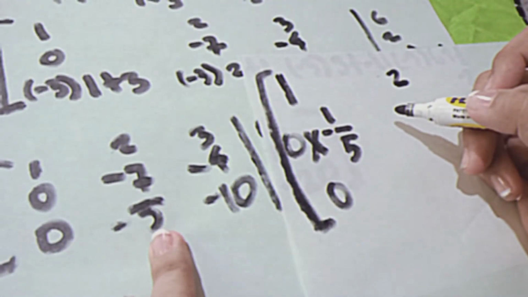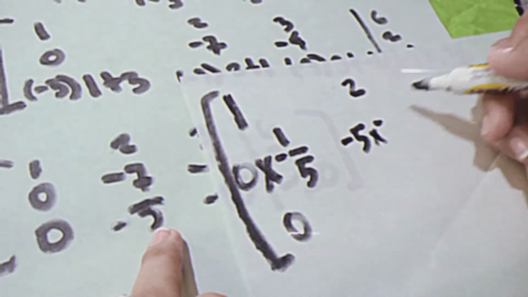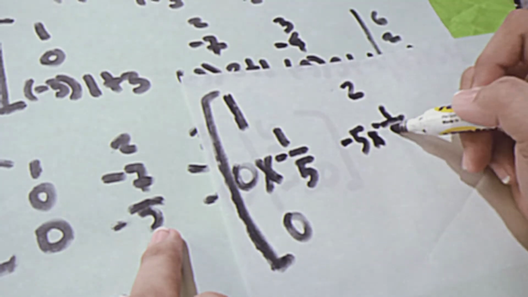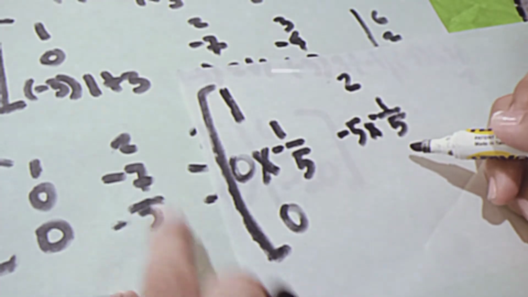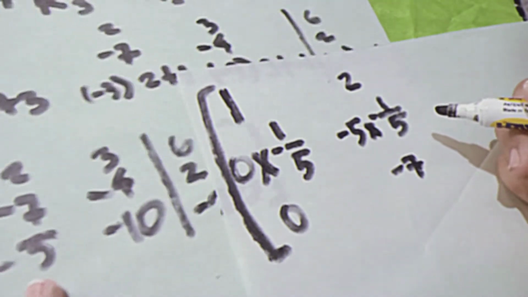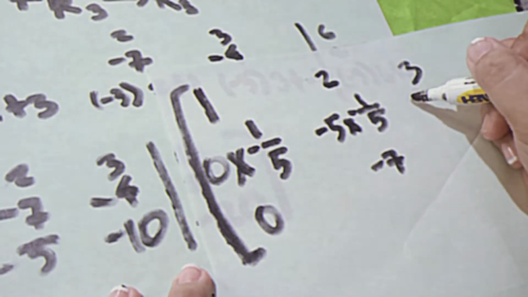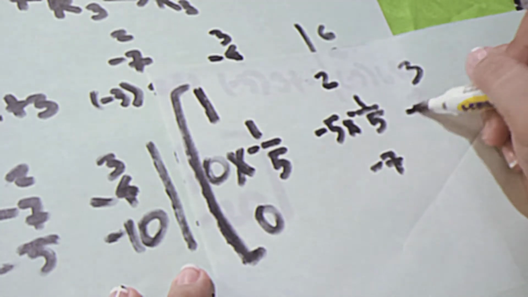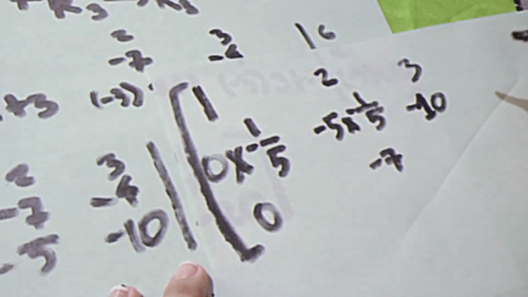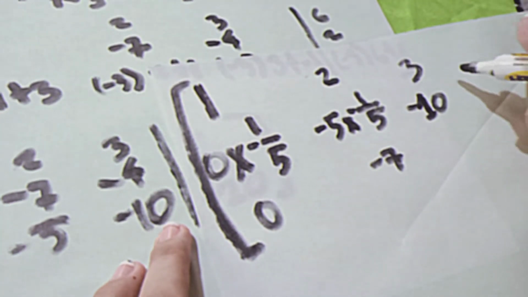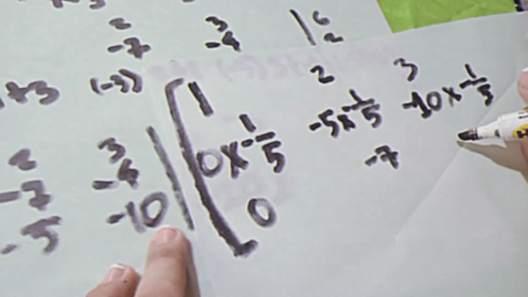Since it is negative 5, we put negative 5 here, then times 1 over 5, negative 1 over 5. And then negative 7, and then 3, and then negative 4, negative 10. I'm sorry guys, negative 10 times negative 1 over 5, and then negative 4.